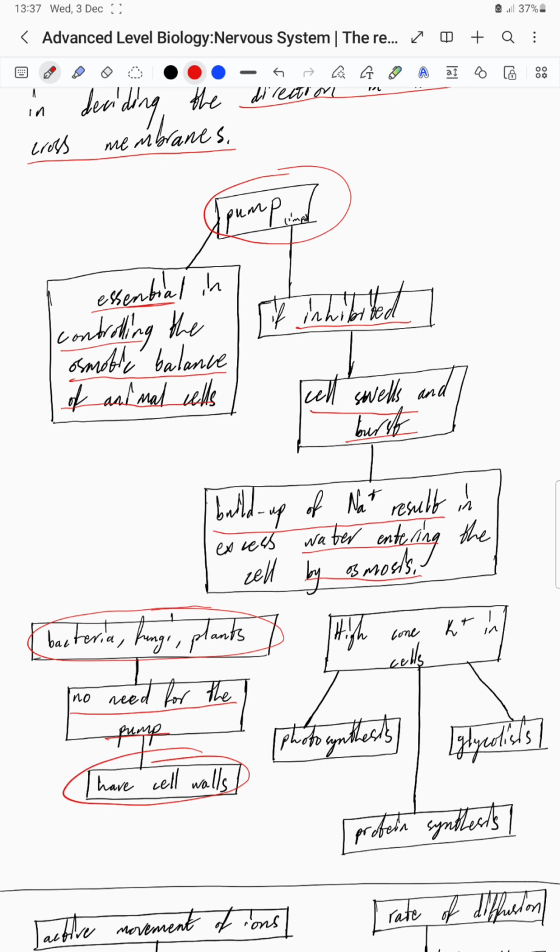But when the sodium ions are in high concentration, that won't be happening. This is because potassium ions are used in photosynthesis, protein synthesis, and glycolysis.